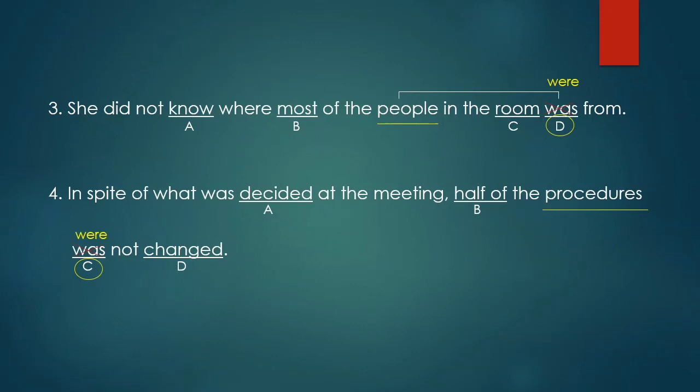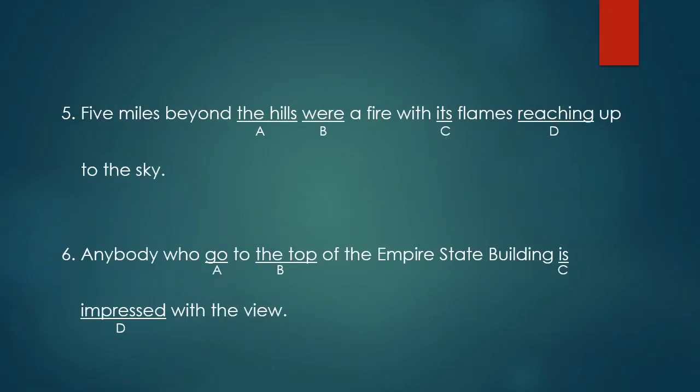Question number 5. 5 miles beyond the hills were a fire with its flames reaching up to the sky. The answer is B, were. In this sentence, the verb and the subject are inverted because there is place expression in the beginning of the sentence, 5 miles beyond the hills.